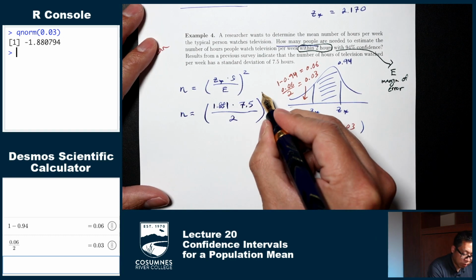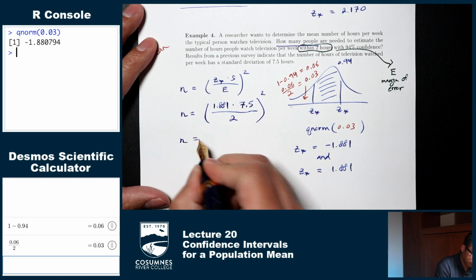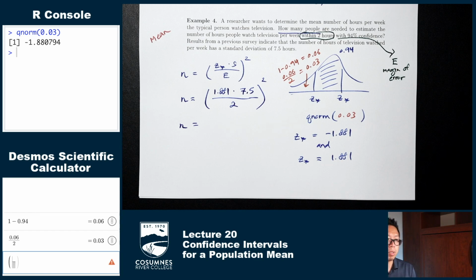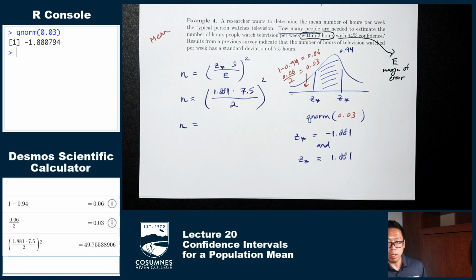And then don't forget the square. On a calculator: parentheses, fraction, up top 1.881 times 7.5, on the bottom 2, close parentheses, and then don't forget the square. And I get 49.755.